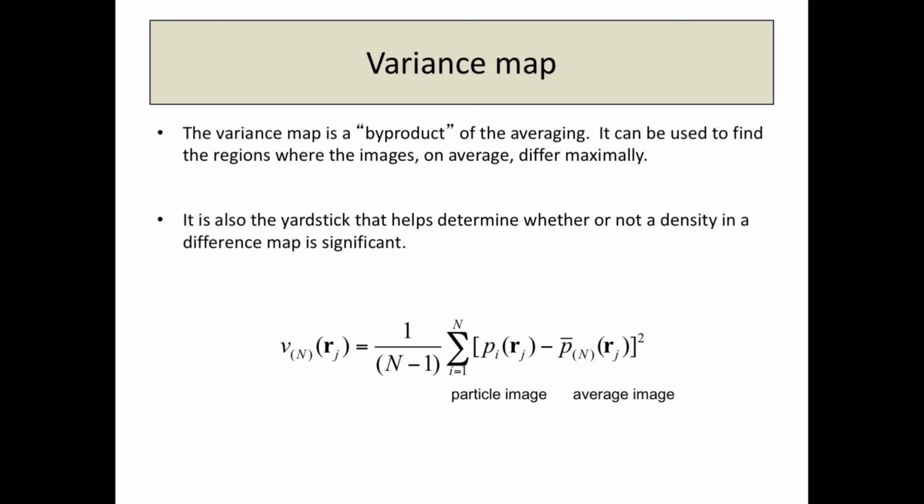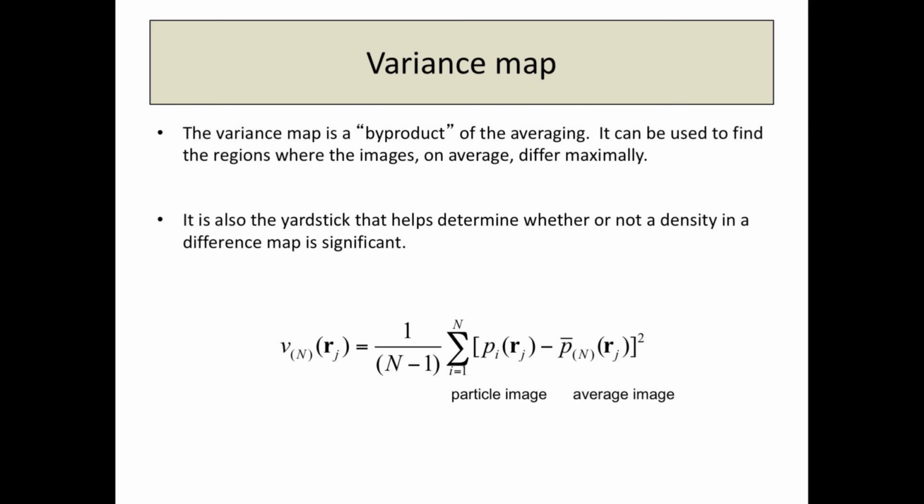So the variance map is a byproduct of the averaging, and can be used to find regions where the images on average differ maximally, and it's a yardstick to show us whether or not a density at a particular point is significant.